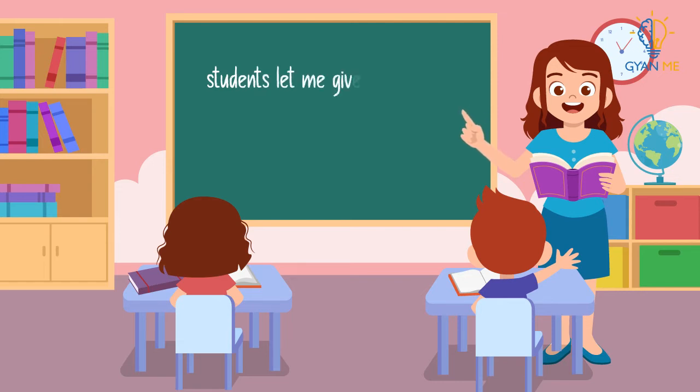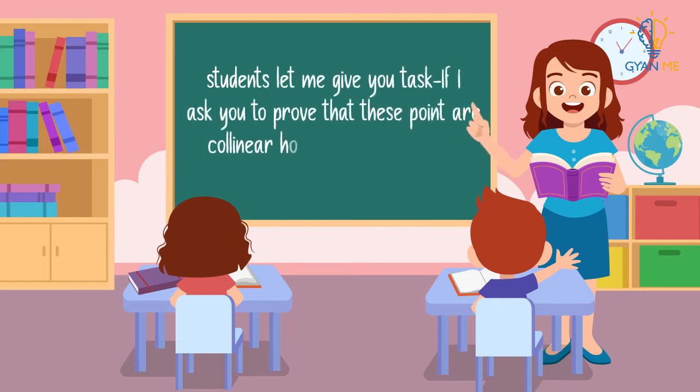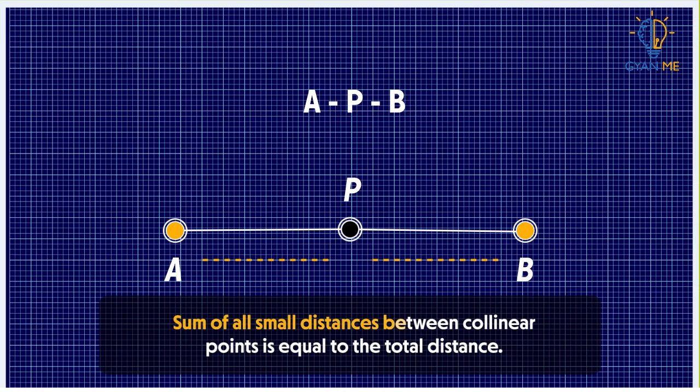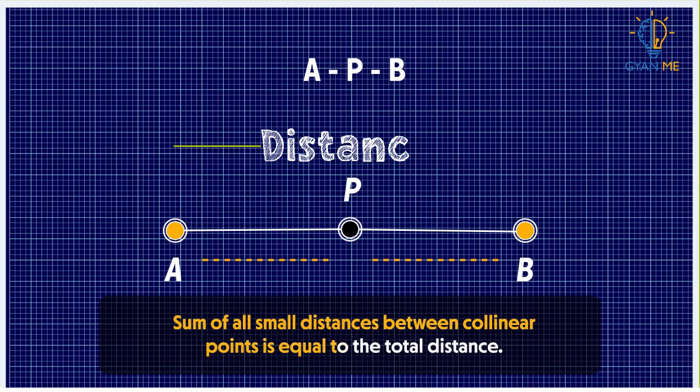But students, let me give you a task. If I ask you to prove that these points are collinear, how will you prove it? It is very simple, students. Recall, you have already proved this important condition of collinearity. According to it, the sum of all small distances between collinear points is equal to the total distance.